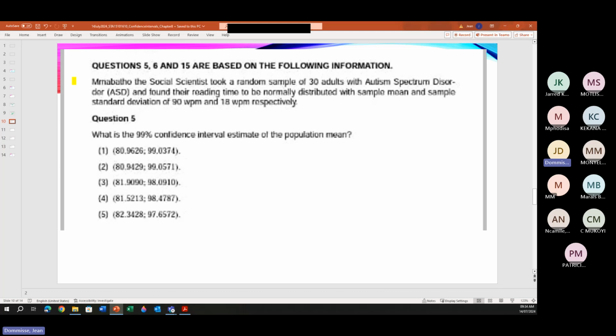Mr. Navarro, the social scientist, took a random sample of 30 adults with autism spectrum disorder and found their reading time to be normally distributed with sample mean and sample standard deviation. Okay, so that's sample mean, that is sample standard deviation. And then they ask us to work out the 99% confidence interval.